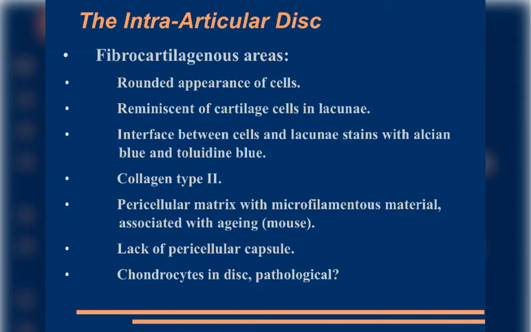Interface between cells and lacunae stain with Alcian blue and toluidine blue. So around these round cells in the intra-articular disc, if you use the stain Alcian blue or toluidine blue, the periphery of these cells will stain positive. This means there is collagen type 2, because these stains, Alcian blue and toluidine blue, stain collagen type 2, and they are commonly used to stain cartilage.